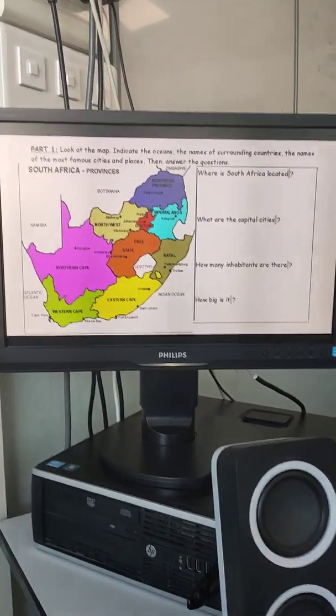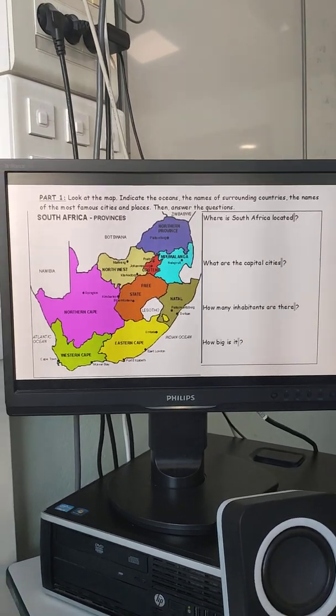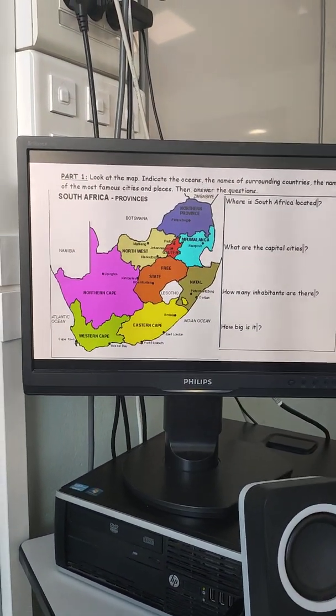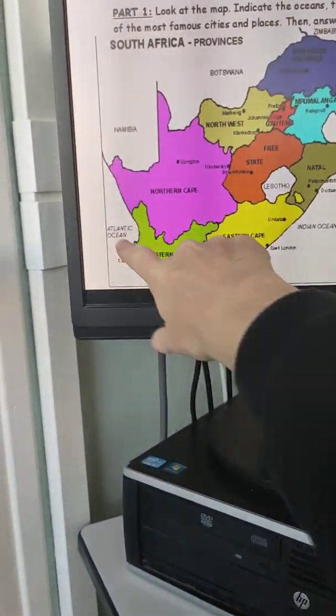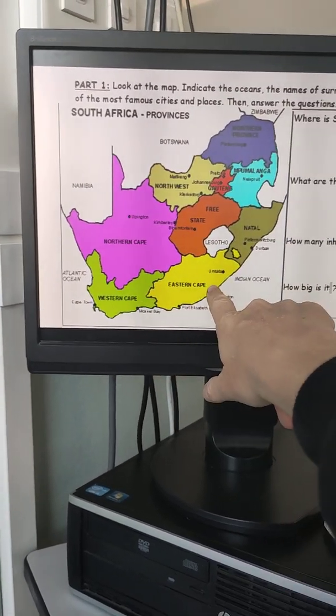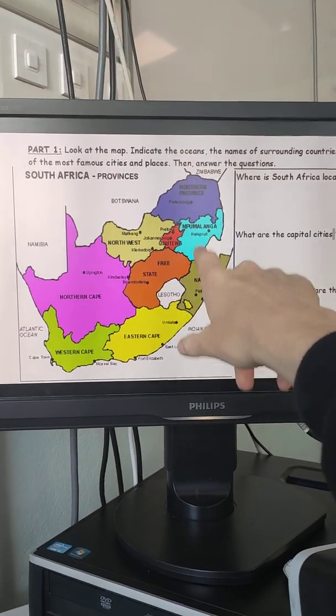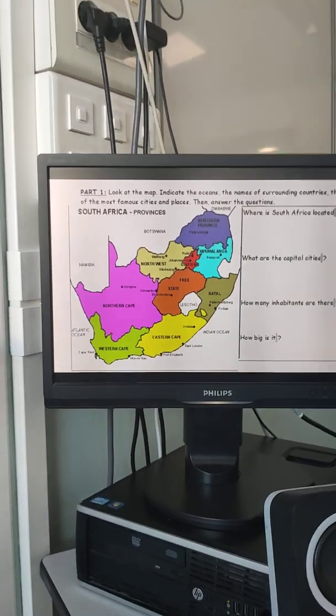Okay, so hello. Now for today you had to do the web quest. So I just want to talk about what we found together. This is South Africa, and as you can see, all these are provinces, okay?